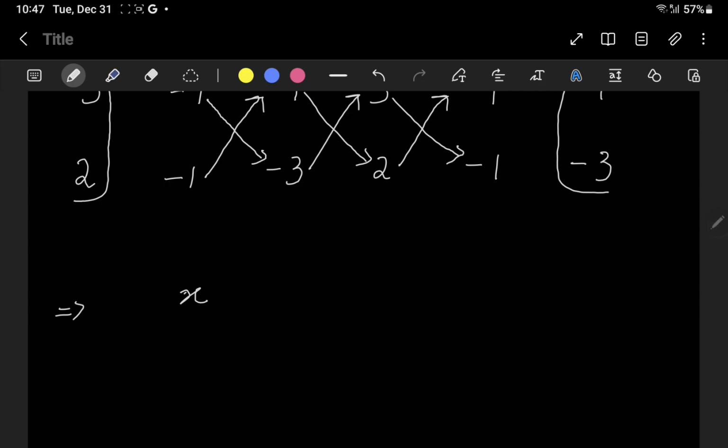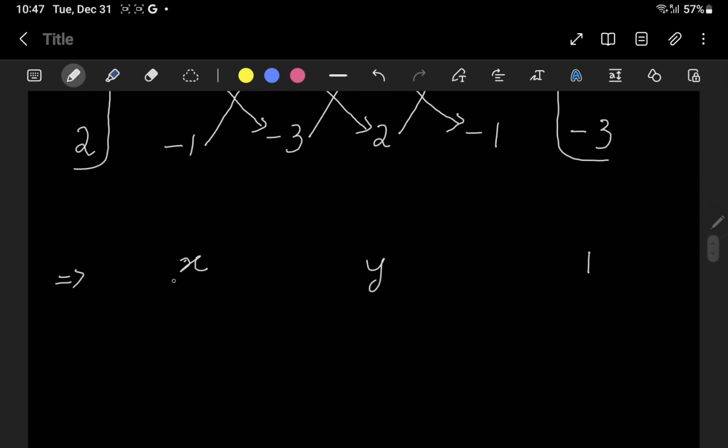We write x, with some distance y, and then 1, in fraction form with equal sign.